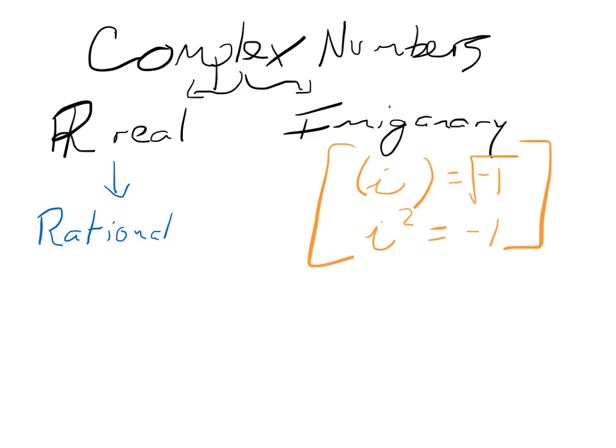You have your rational and your irrational. I'm going to label that just IR for irrational. Now remember, your rational numbers are anything that can be shown as a fraction.